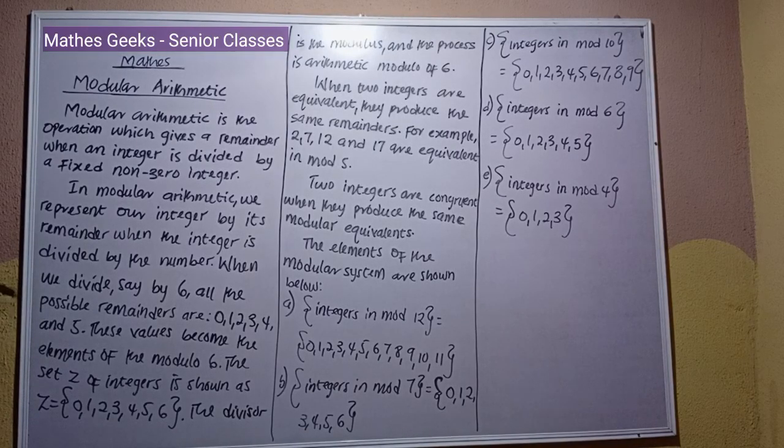Modular arithmetic. Modular arithmetic is the operation which gives a remainder when an integer is divided by a fixed non-zero integer.